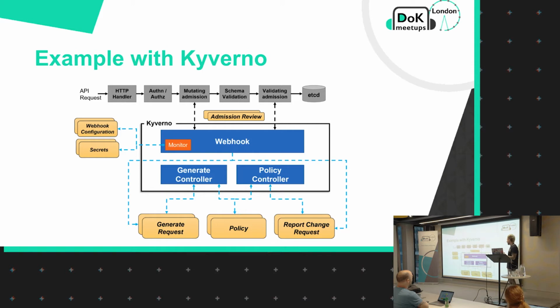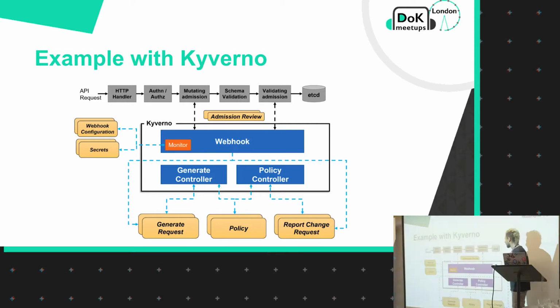Just to give you a quick overview of how the process works with Kyverno. We have two webhooks here, where you can insert, let's say, an external solution to Kubernetes to do some things. This is the workflow from an API request to the Kubernetes API server. It goes through various phases, and there are two hooks where you can do things.